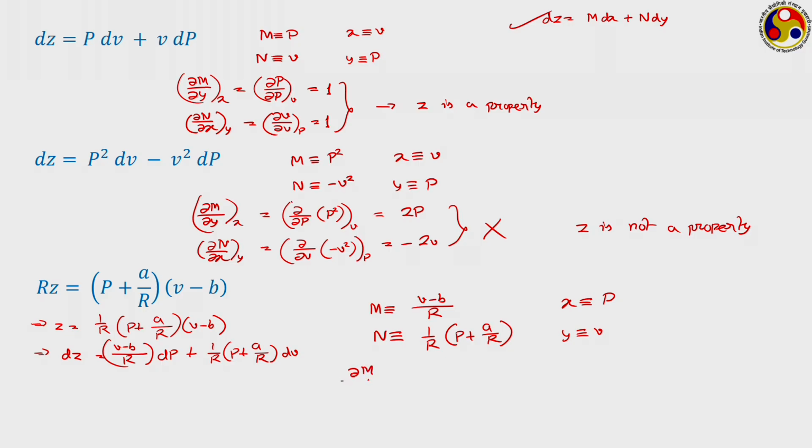So, if you calculate ∂M/∂y maintaining x constant, then what will be that? Your y is v, so it will become 1 by R, and similarly if you calculate ∂N/∂x keeping y constant, your x is p. So, if you differentiate N with respect to p, then again you are going to get 1 upon R. So, these two are equal, that means here z is a property.